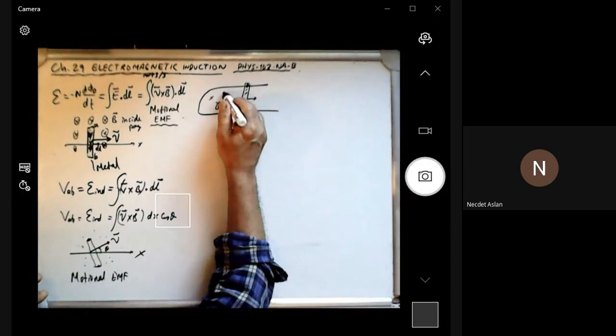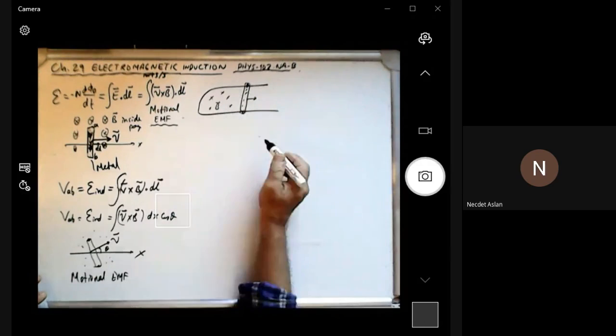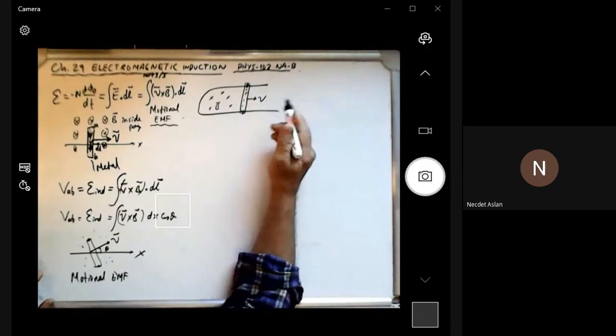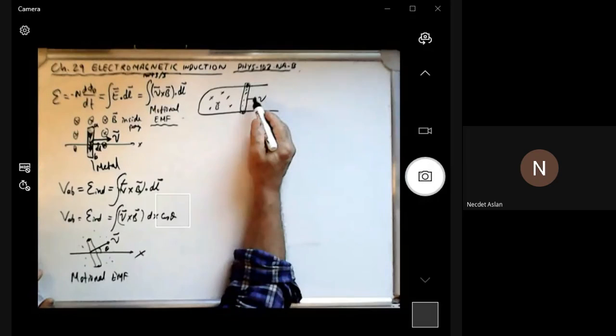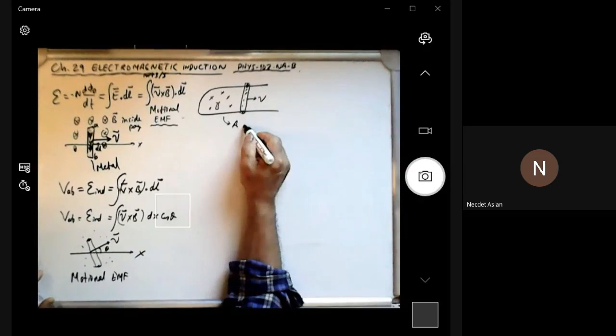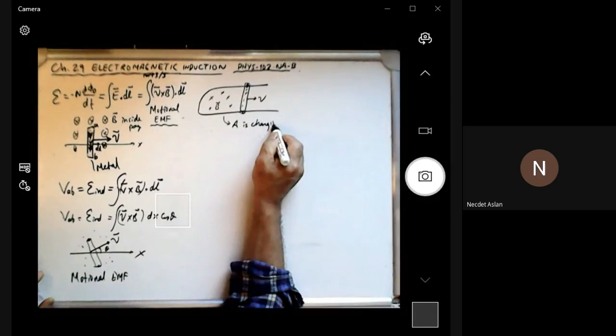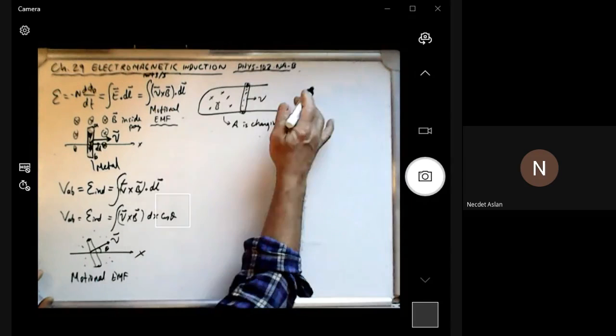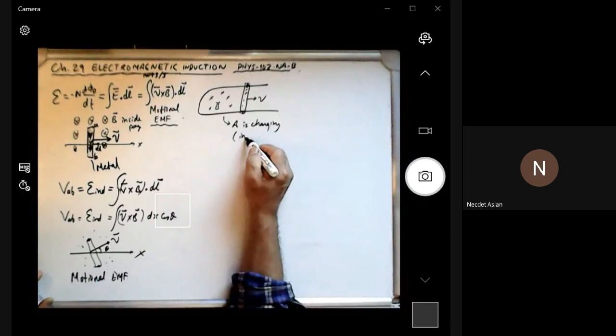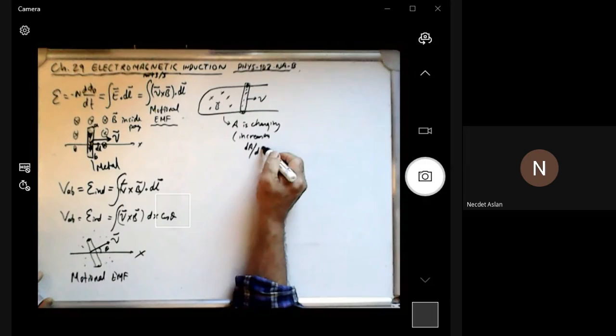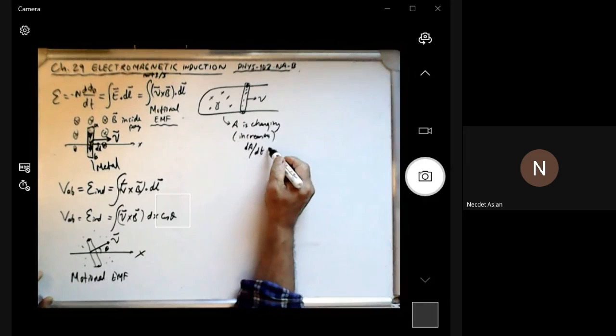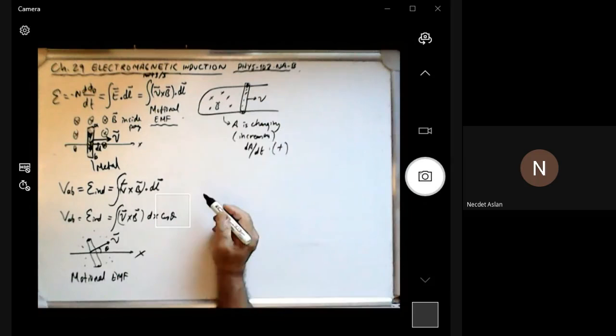So if this rod moves with some kind of velocity, then there is an area change. In this case, the area is changing. Actually, if V is to the right, it's increasing. So there is dA over dt, and dA over dt should be positive because the area is increasing.